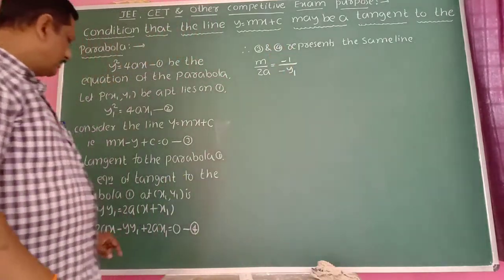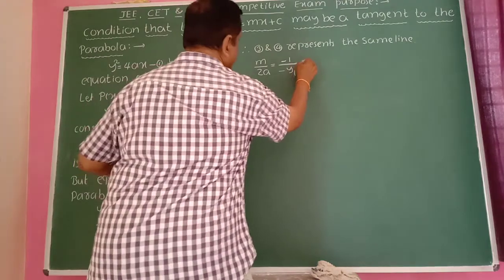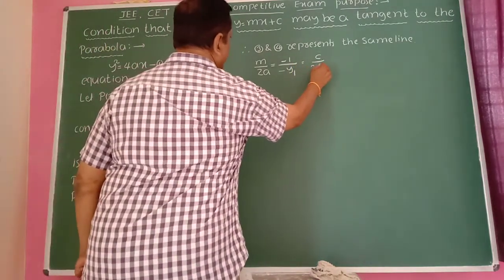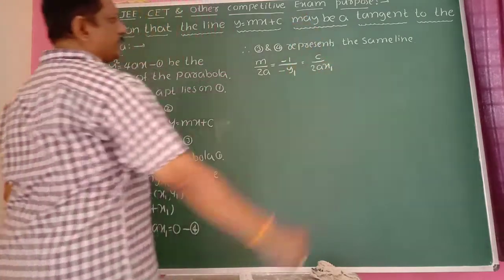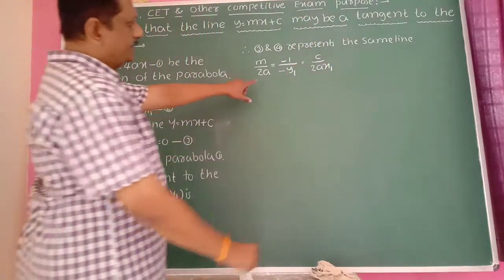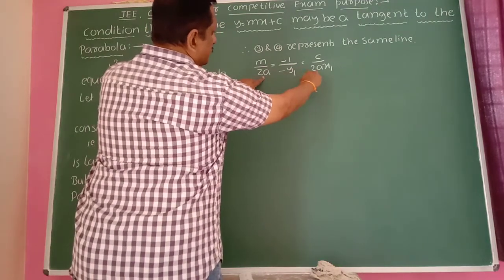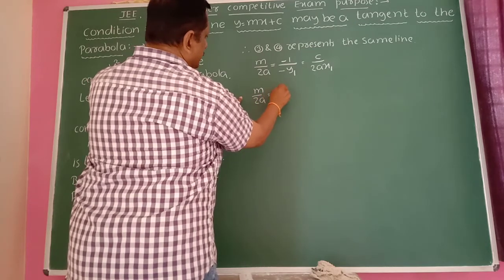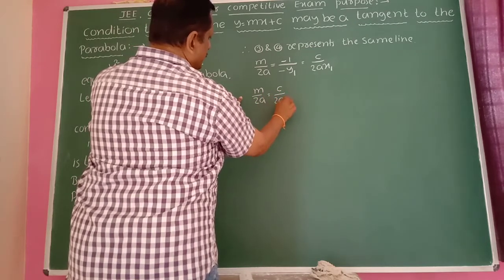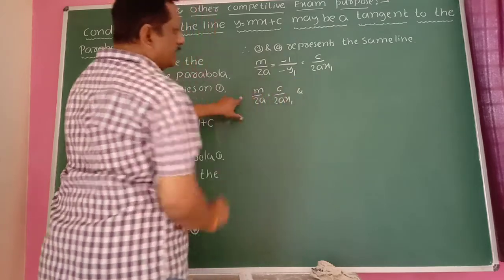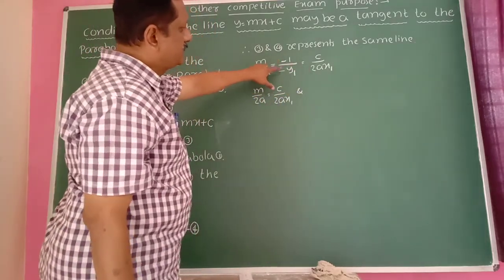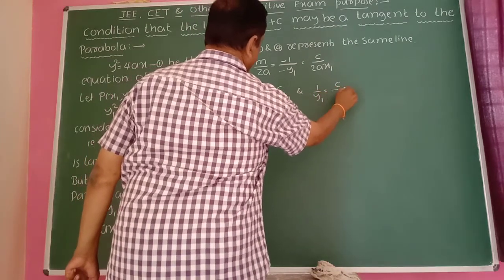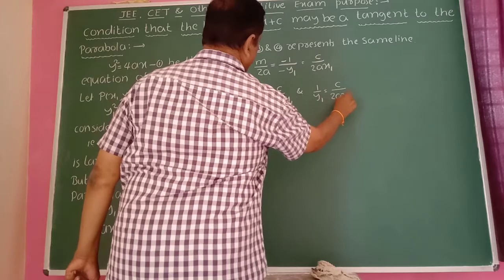And c is a constant, here the constant term is 2a into x1. Then taking the first and last ratio, m divided by 2a is equal to c divided by 2a into x1. And equating these, minus and minus become plus, so 1 divided by y1 is equal to c divided by 2a into x1.